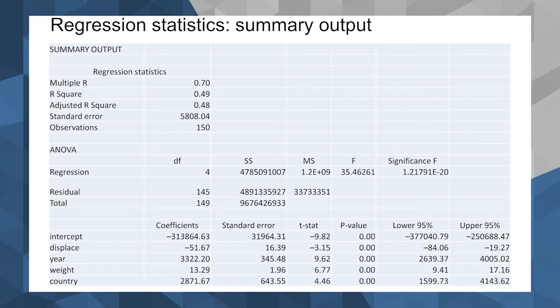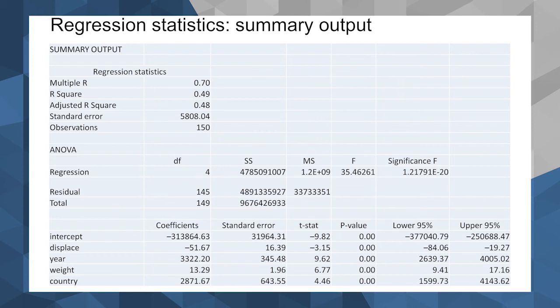And for that, you look at 3 things. Number 1, you look at the adjusted R squared, which is at the top. The higher that number is, the better. The closer to 1 it is, the better. Because that is how much is explained by the regression. So in this case, those 4 variables explain 48% of the changes in the consumption of the car.